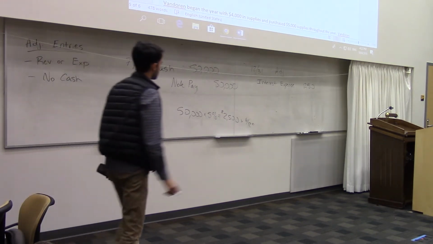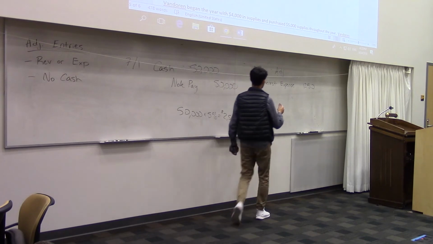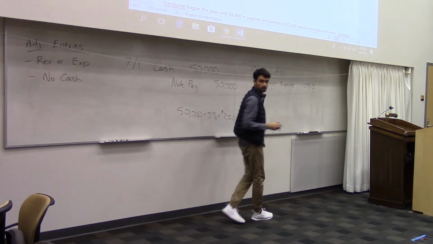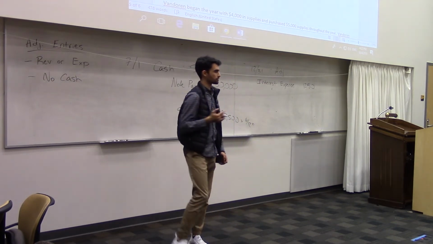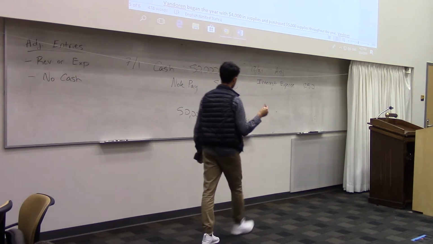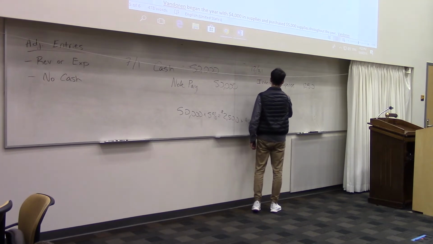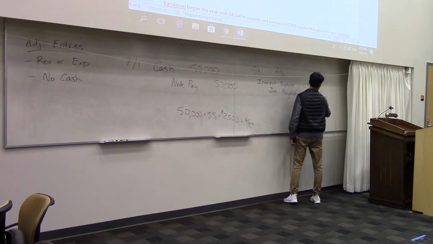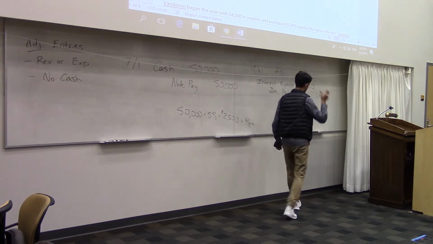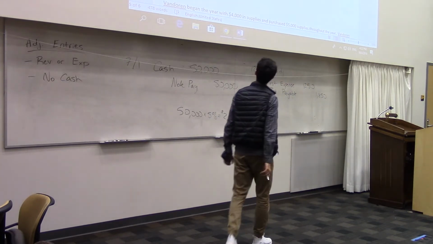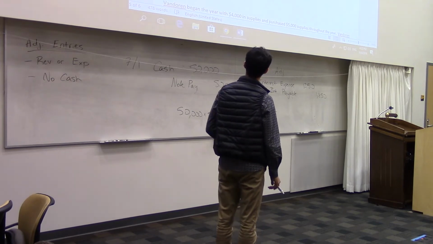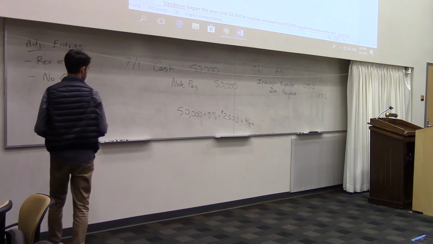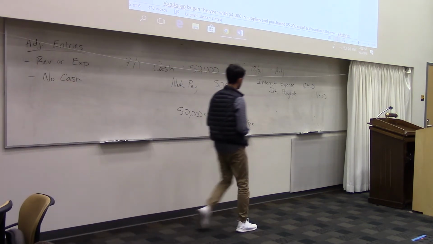And what's my credit? It's not going to be cash because we never have cash in adjusting entries. Interest payable, there we go. We're liable to pay $1,250 to the bank at some point. Just haven't paid it yet. That's my first entry.